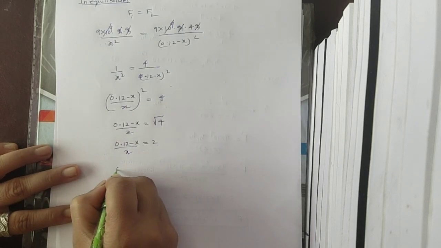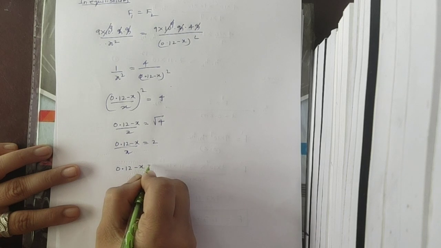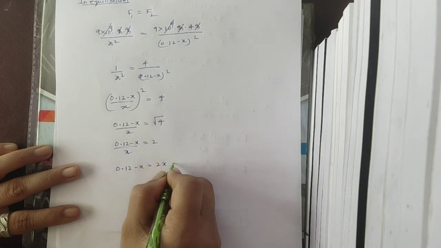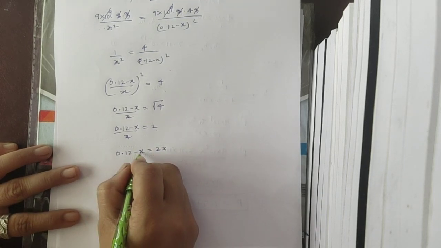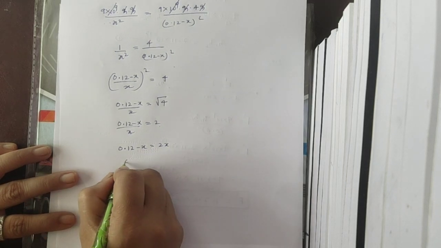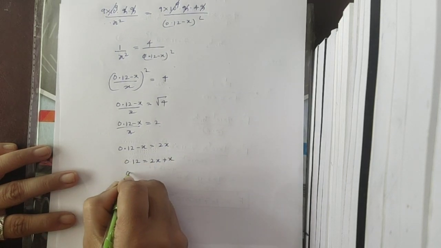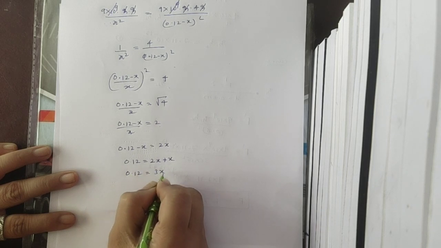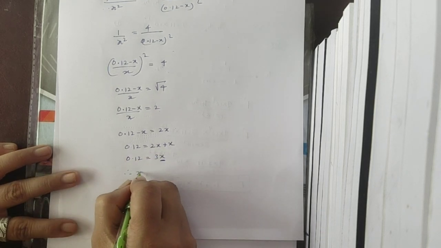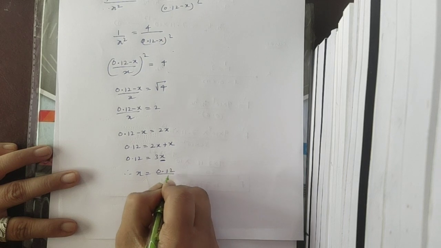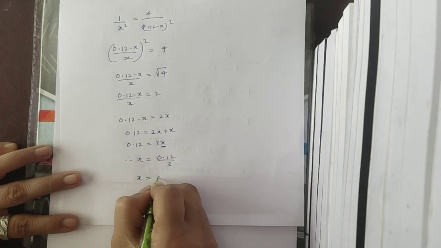Take 2x this side. 0.12 minus x equal to 2x. Minus x take this side. 0.12 equal to 2x plus x. 0.12 equal to 3x. We want x. Therefore, x is equal to 0.12 divided by 3.